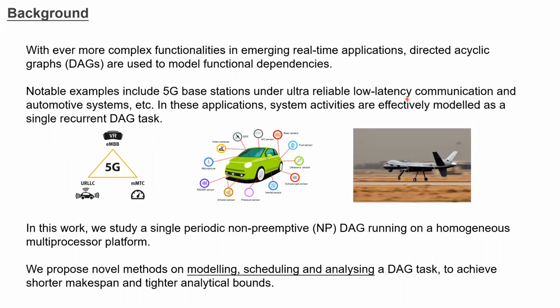So in this work, we focus on a single periodic, non-preemptive DAG task that is running on a homogeneous multiprocessor platform. And we propose novel methods for modeling, scheduling, and analyzing a DAG task, with the aim of a shorter makespan and tighter analytical bounds.